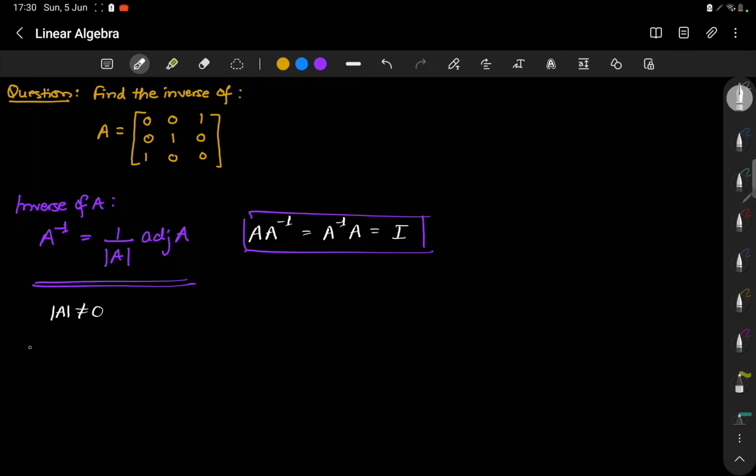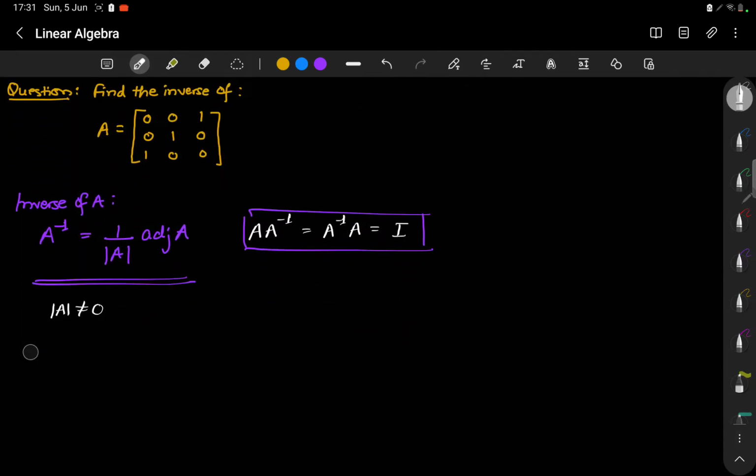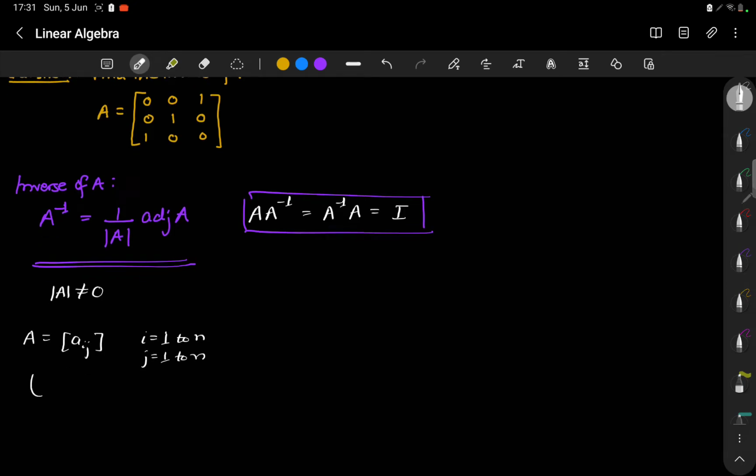The determinant of an n cross n matrix, so if A is an n cross n matrix, with i going from 1 to n, j going from 1 to n, then the determinant can be written in terms of the Levi-Civita symbol as follows.